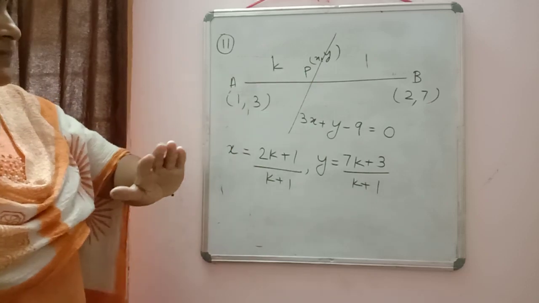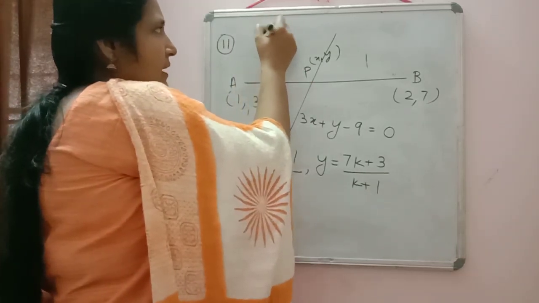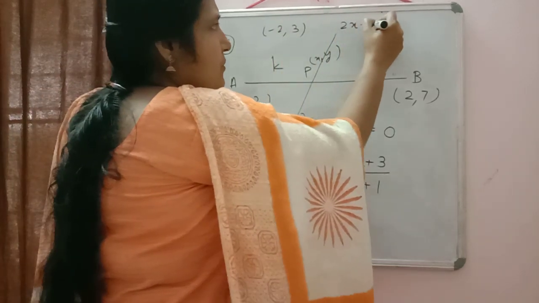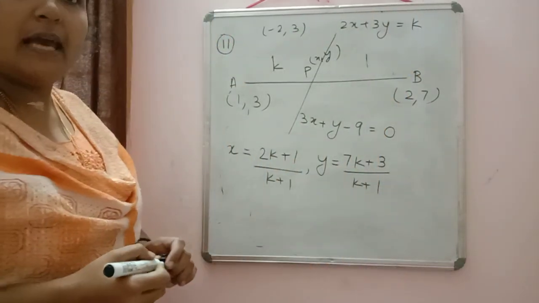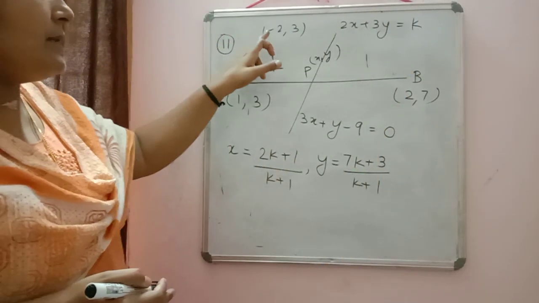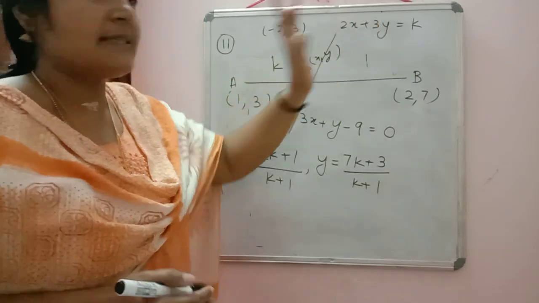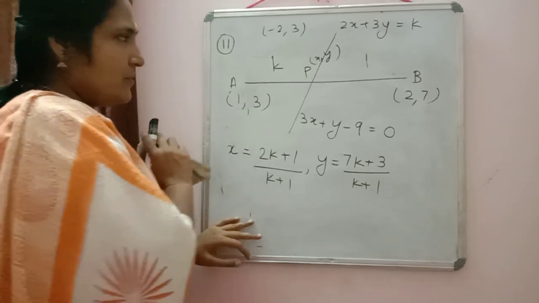In 9th class we studied this type of question: if (-2, 3) lies on the line 2x + 3y = k, find the value of k. What we do is substitute the values of x and y. The same concept we are going to use here also.